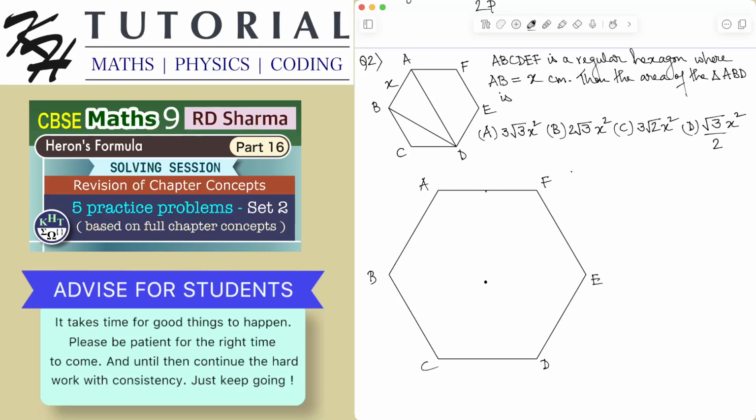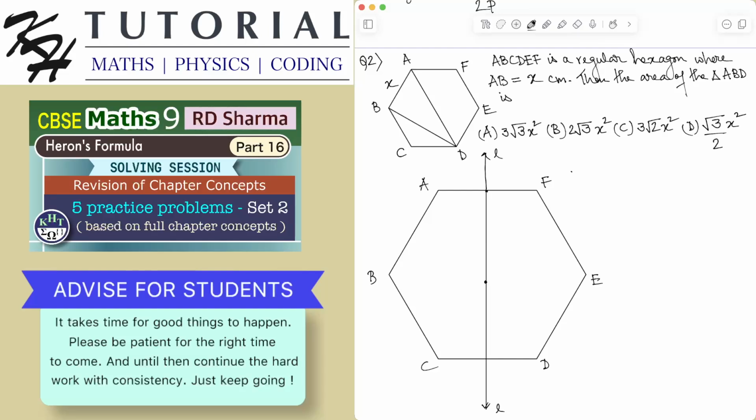Let's say this is the midpoint of the side AF. Then passing through this midpoint, I will draw a line perpendicular to AF. Let's say this line is L. So this is the perpendicular bisector of the side AF.